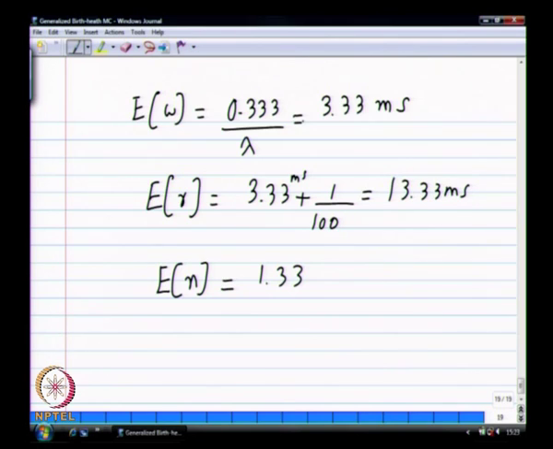And if you want to look at the closed form expression for E[R], then this will become evident.